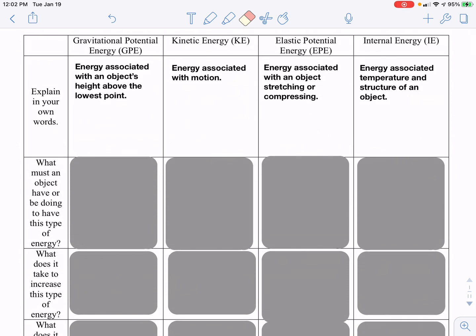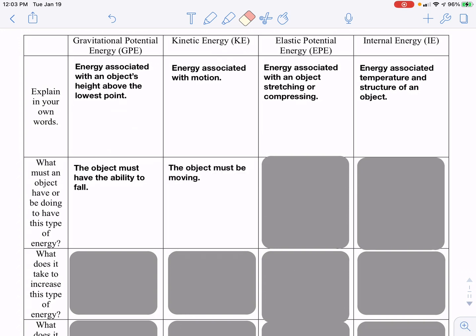What must an object have or be doing in order to have gravitational potential energy? Well, it must have the ability to fall. So in other words, it has to have some height above the lowest point in whatever the problem is. An object must be moving in order to have kinetic energy.